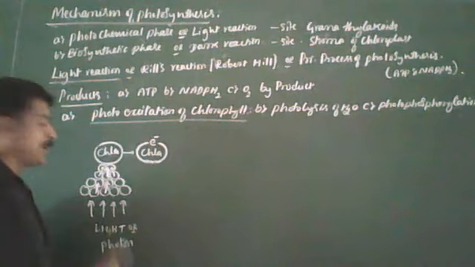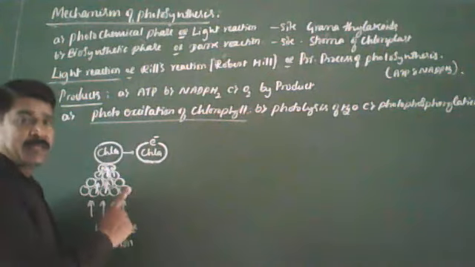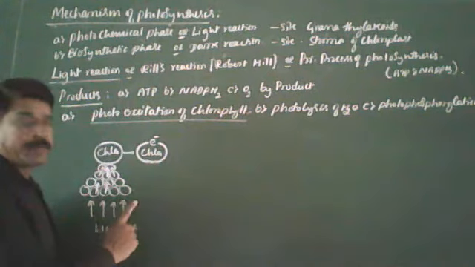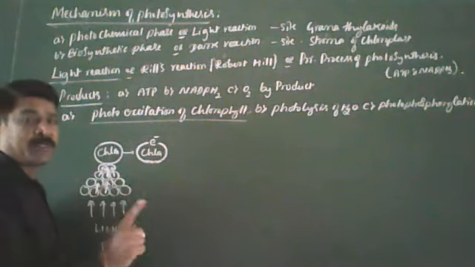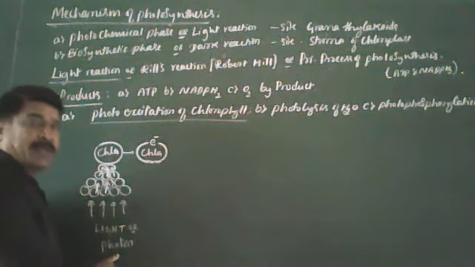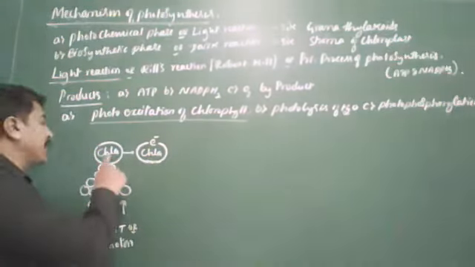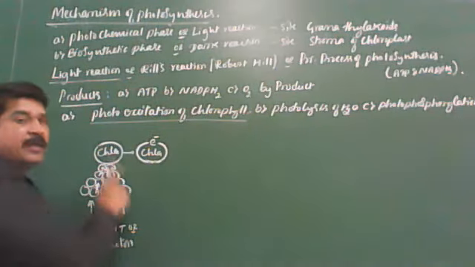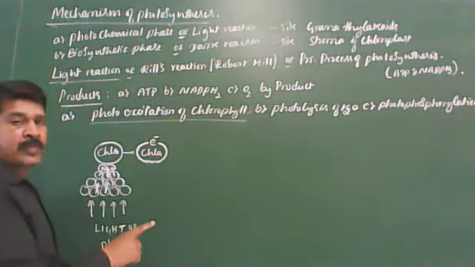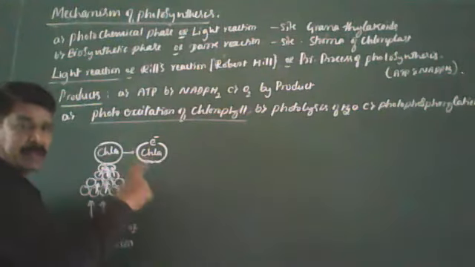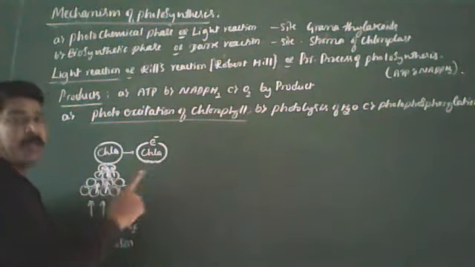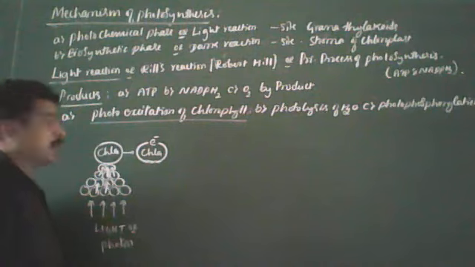I'll repeat once again. When green leaves are exposed to sunlight, the accessory photosynthetic pigments of PS1 and PS2 absorb light or photon and transfer it to the reaction center containing chlorophyll A 700 or 680. The chlorophyll A molecule absorbs light energy and becomes excited. In this state, it expels an electron.